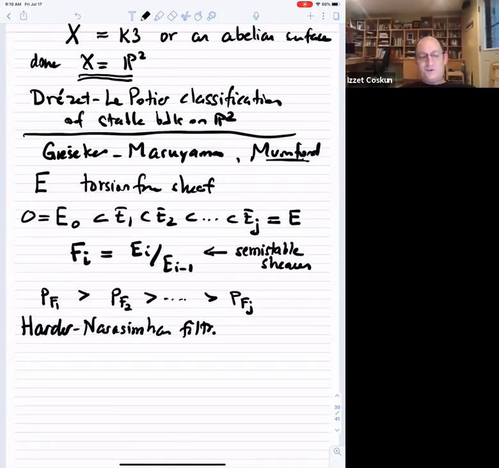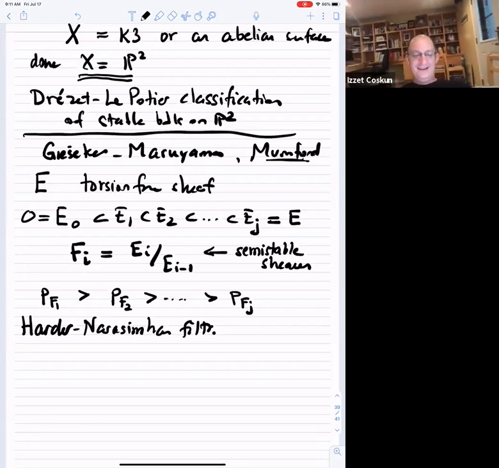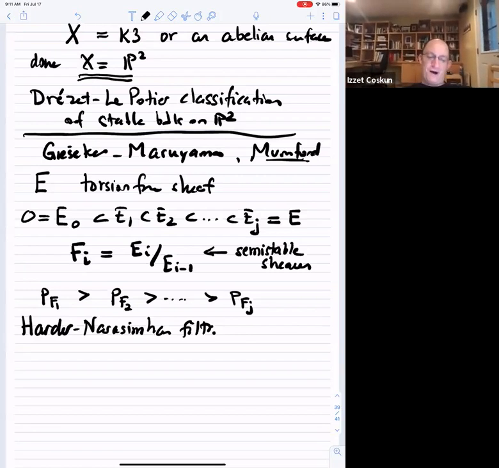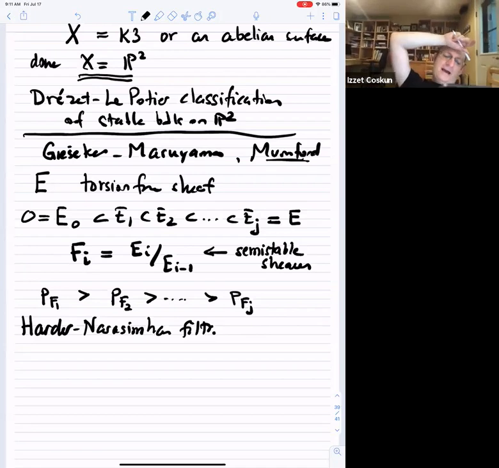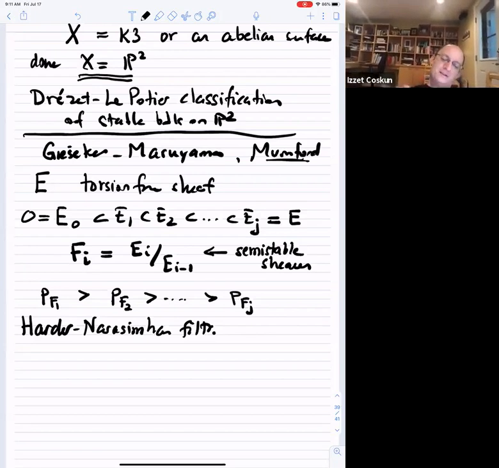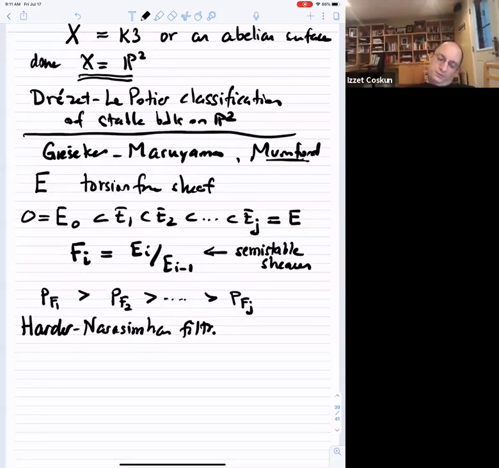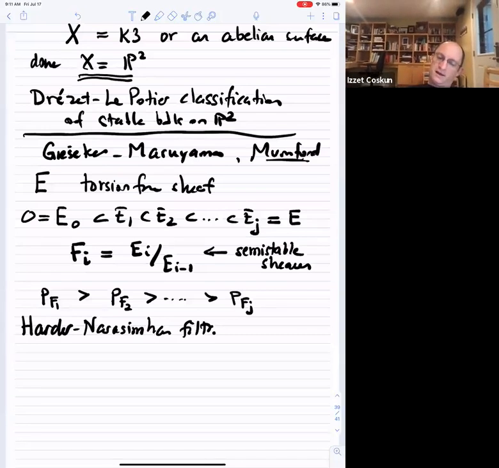There are some things that you need to check, that this thing stops. It stops because the rank is a finite positive integer, so you can't keep doing this. And then you need to say that it's well defined and all those things. But modulo that, it's easy to imagine how you would prove this. And this is called the Harder-Narasimhan filtration.